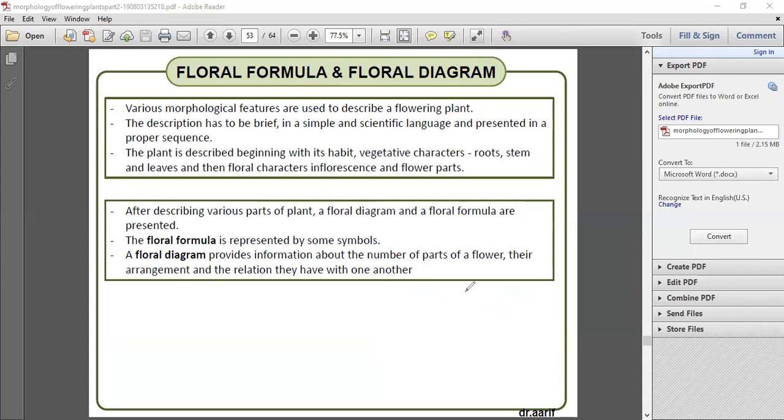We know that when we talk about taxonomic hierarchy, after kingdom, there is division in case of plants, then class, order, and then family.